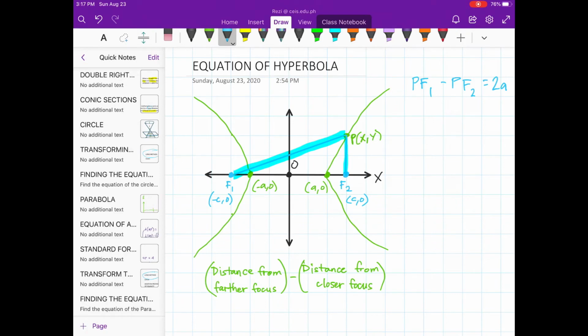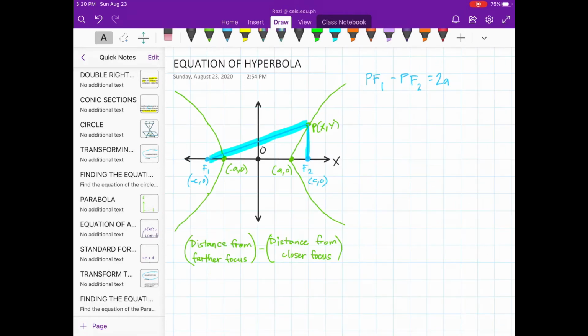To find the equation of the hyperbola, we have to find these distances. Using the distance formula, we can find them. The distance from point P to point F sub 1 will be this, and the distance from point P to point F sub 2 will be this. Now simplifying this will give us the equation of the hyperbola.